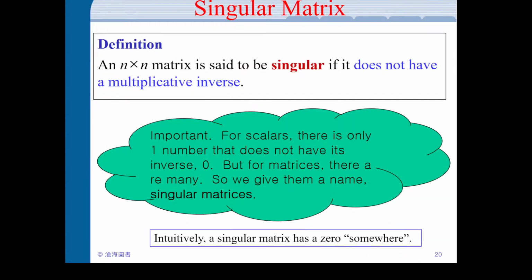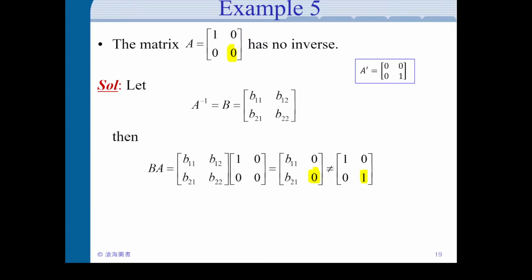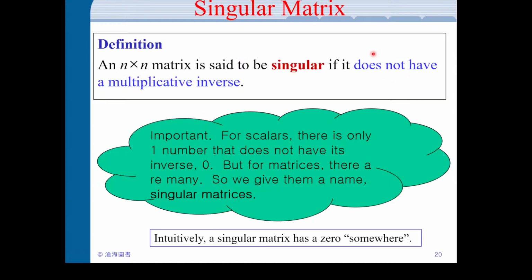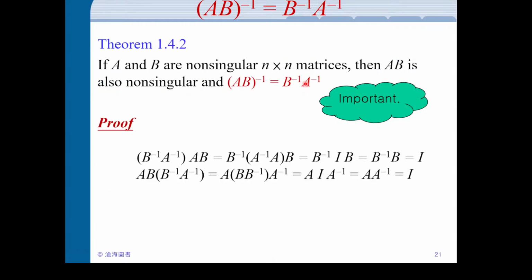We'll get a bit more intuition on this in a later part of the course. From this example, we see a 0 here makes it singular. And similarly, this matrix with a 0 here is a singular matrix. It's just a definition, but it's also important to remember the name. When we say singular, it means not invertible.